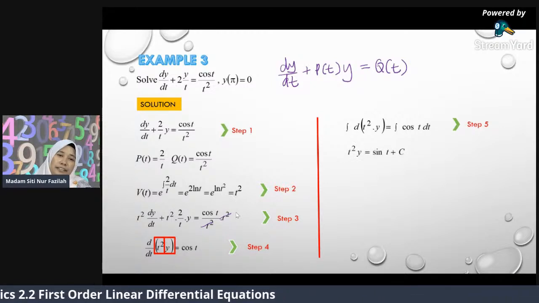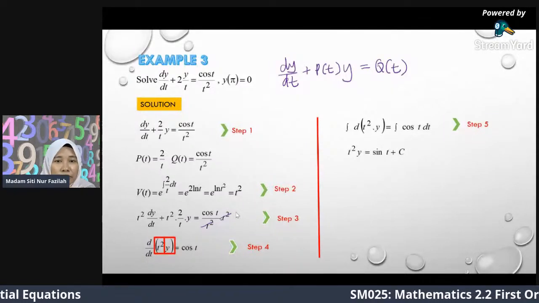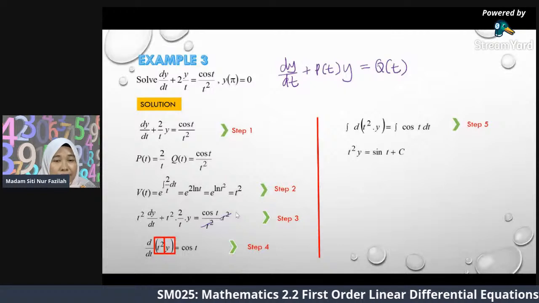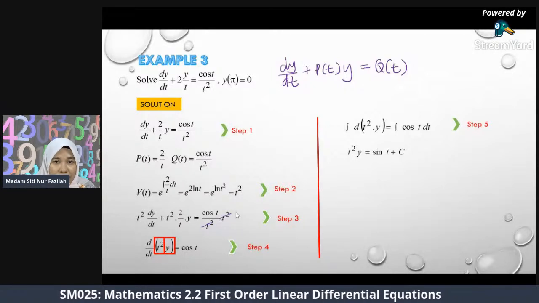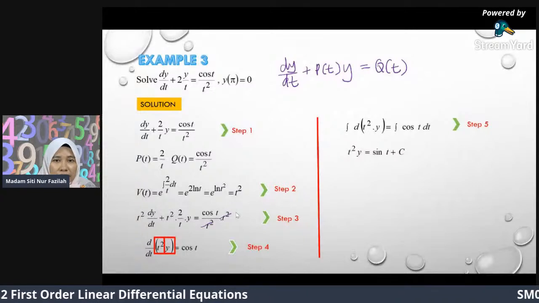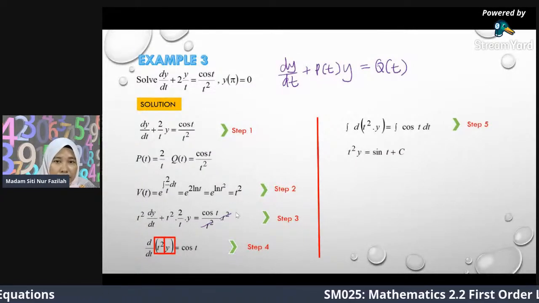For the right side, integrate cos t is sin t plus c. Make sure we confirm that. Integrate cos t is a positive sin t, not negative.